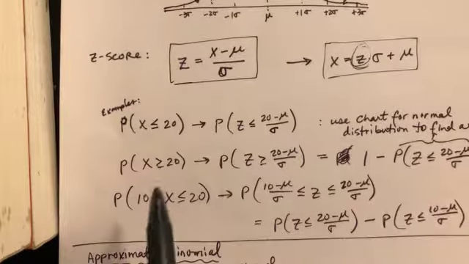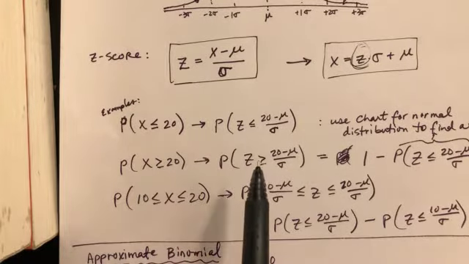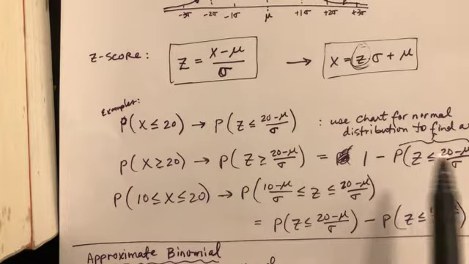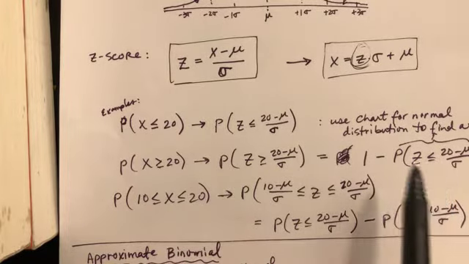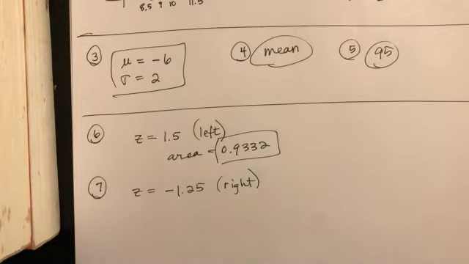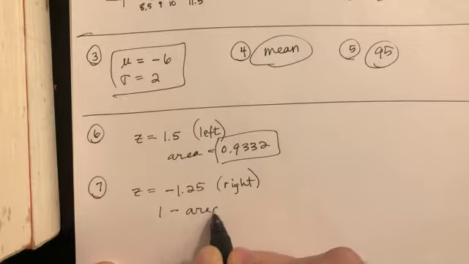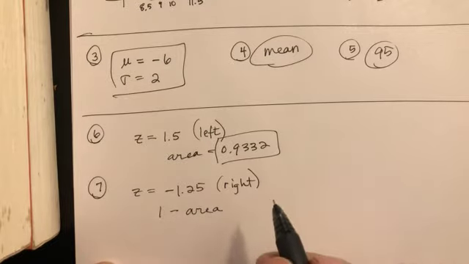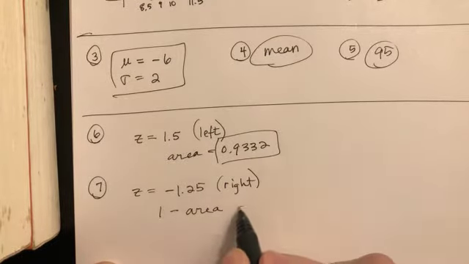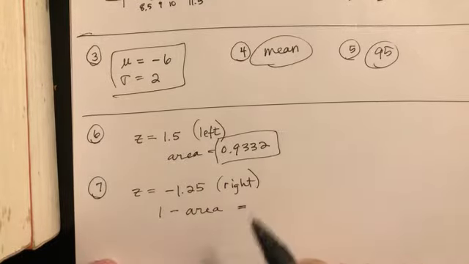But if you're looking at something to the right, bigger than, then you got to say 1 minus the chart number, which is less than. So both of those charts are less than. So if it's to the right, we're going to go 1 minus the area I find on the chart. All right, so negative 1.25. I'm going to go to the negative chart, which is this one.